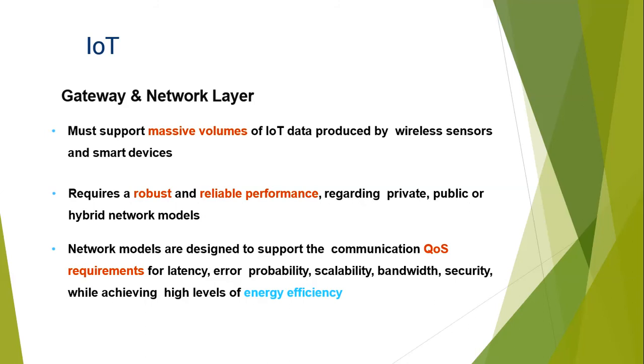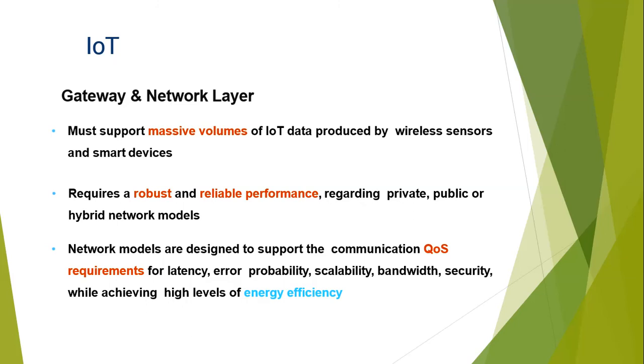In addition, network modules are designed to support communications quality of service requirements for latency, error probability, scalability, bandwidth requirement, and security, while achieving a high level of efficiency, meaning low power consumption, so we get the maximum data at low power.